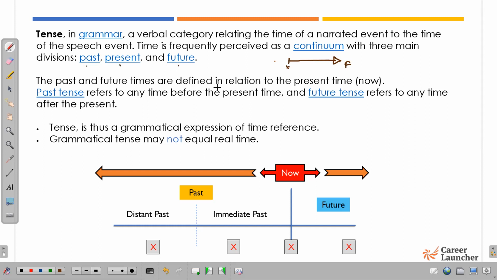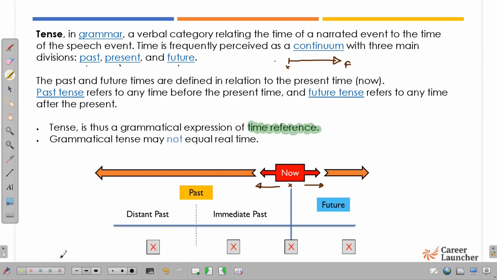These are defined in relation to the present time, which is now. Past tenses refer to any time before the present time, and the future tense denotes time after the pinpoint now. So anything before the now is the past, and anything after the now is the future. Tense is therefore a grammatical expression of time reference.